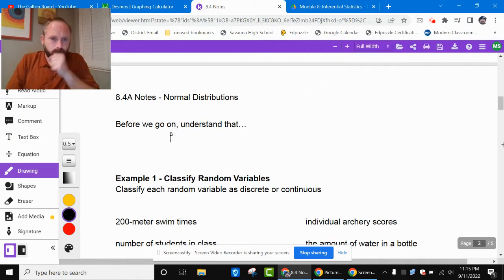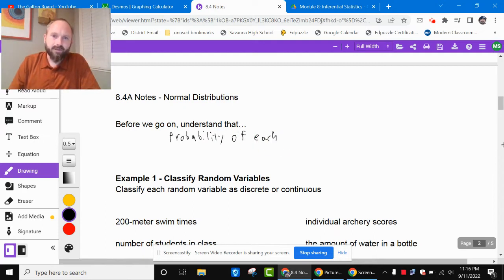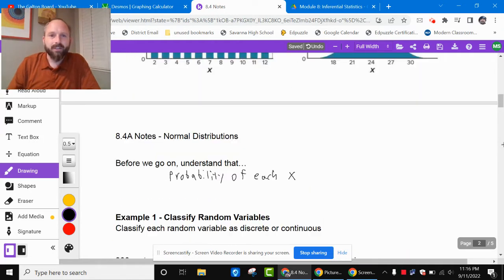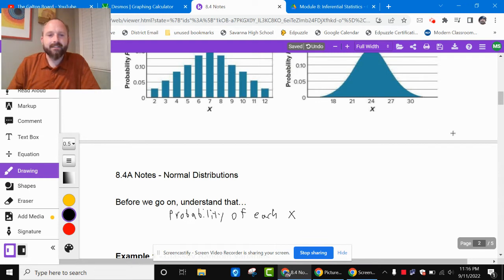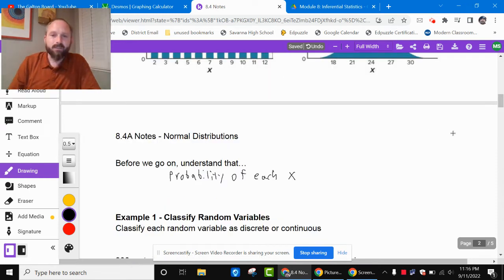So the probability of each event, each x. If we go up here and look at the x, each of these x's happening has to be between 0 and 1.